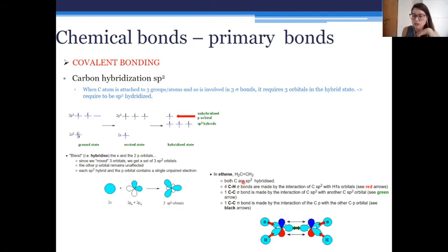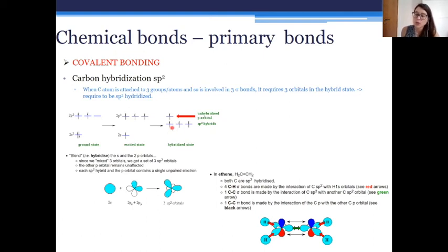In ethene, you can see we have 2 carbon atoms, both sp2 hybridized. 4 CH bonds will be created, represented with the red arrows, made by the interaction of the sp2 of the carbon with the 1s orbital of hydrogen.